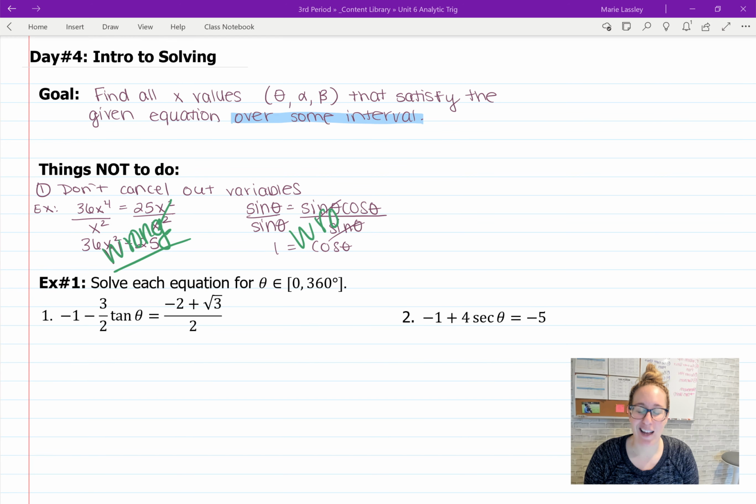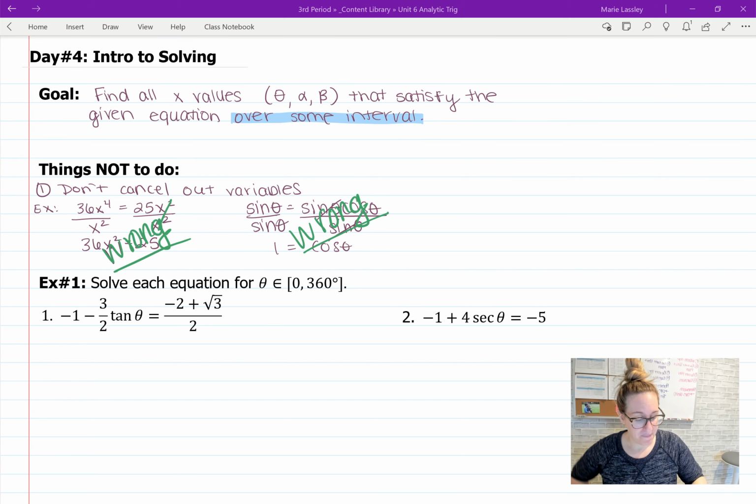So in both scenarios, the 36x to the 4th equals 25x squared and the trig scenario, sine theta equals sine times cosine theta, what you should be doing is moving everything to one side and using a greatest common factor, a GCF.